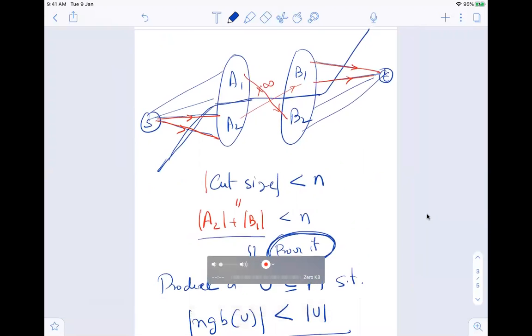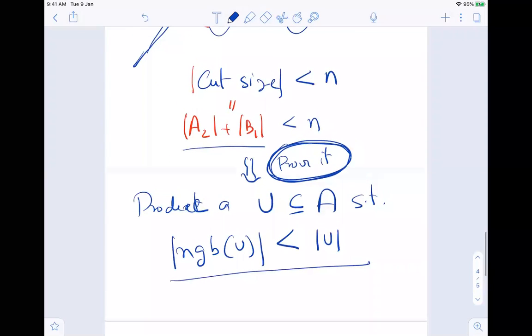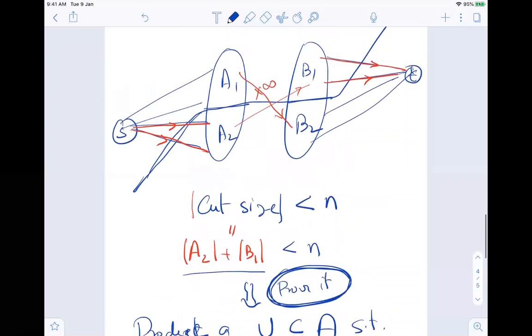Fine? Yes, sir. Is it clearer than earlier? Sir, the edge from A2 to B1, that also has infinite capacity. Yes, but where is it going?